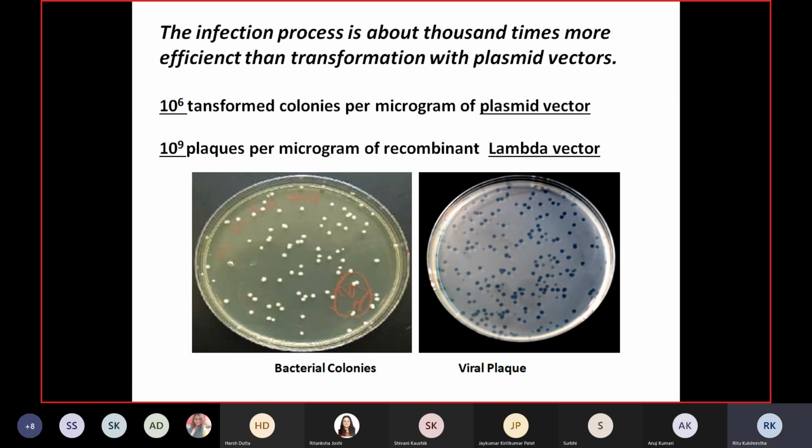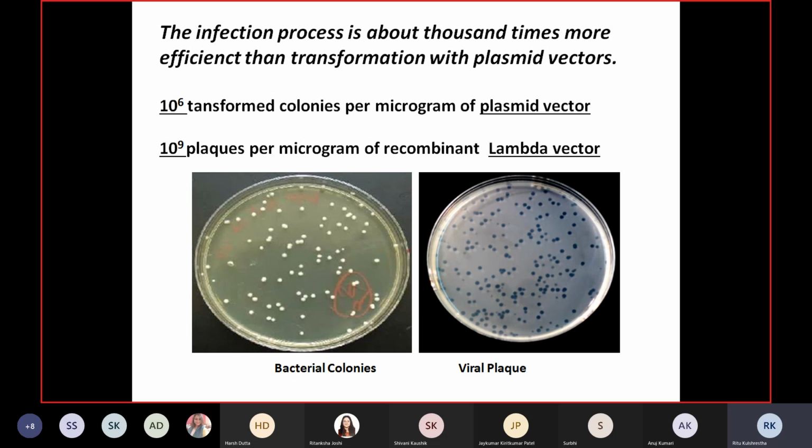So till now, I've just introduced you to the fact that there are certain bacteriophages. These bacteriophages have the capability to inject their DNA into bacteria, and through the lytic process, the DNA that has been injected makes multiple copies of itself, and then it makes more phage particles.